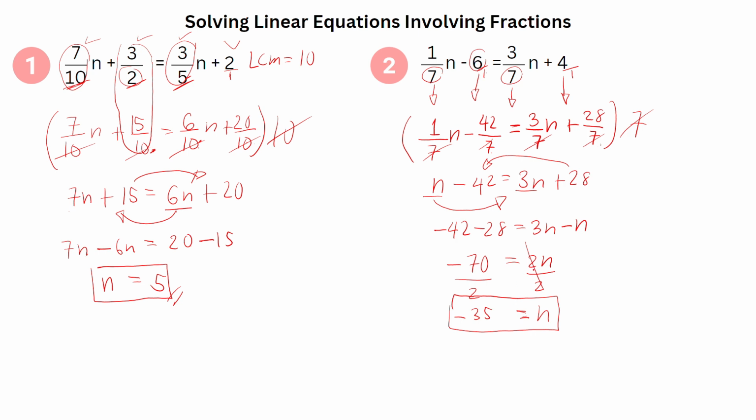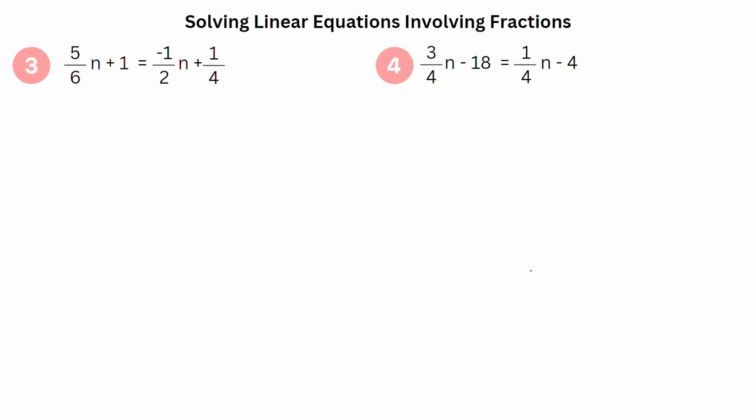Let's have more examples. Okay, number 3. We have here 5 over 6n plus 1 equals negative 1 half n and then plus 4. What do we do? Again, we get all our denominators. If you want to practice right away, you can pause the video, try to answer this one first on your own, and then once you're done answering, you can play it back again.